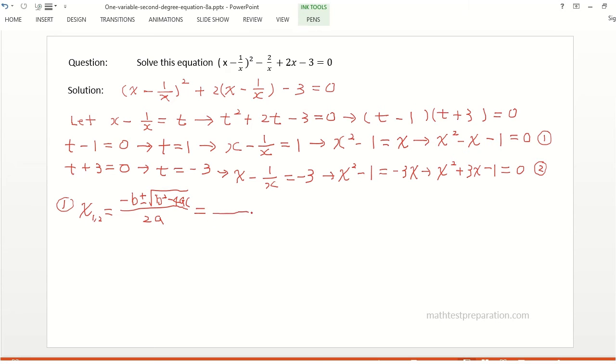So 2a, a is 1, so the denominator is 2. Numerator: negative b, b is negative 1, so negative 1 is positive 1. Plus or minus square root of b squared: negative 1 squared is positive 1. Subtract 4ac, a is 1, c is negative 1.